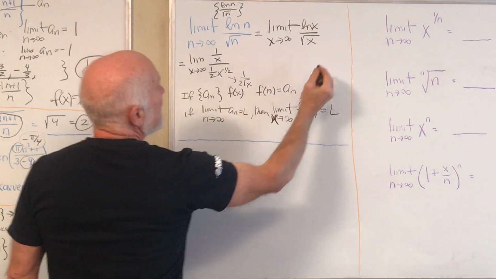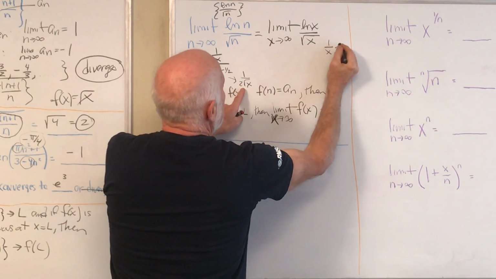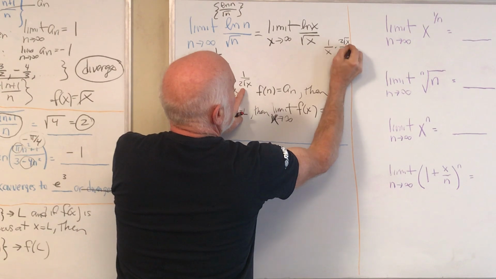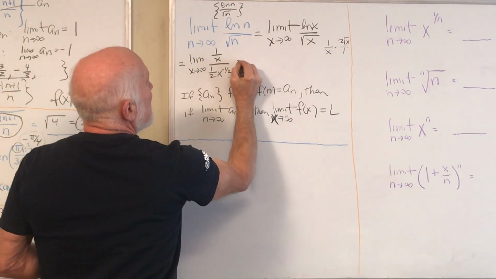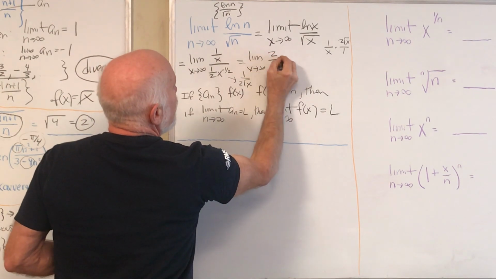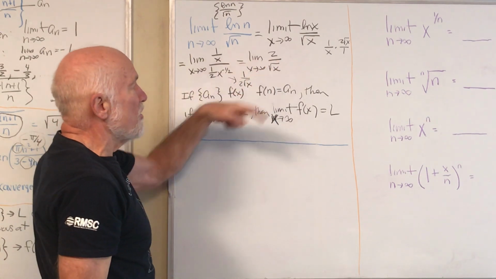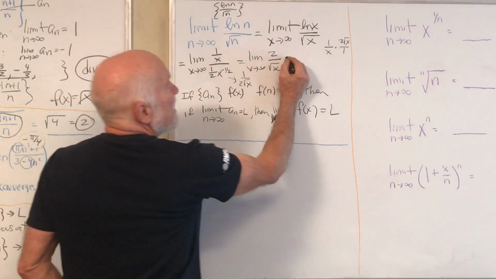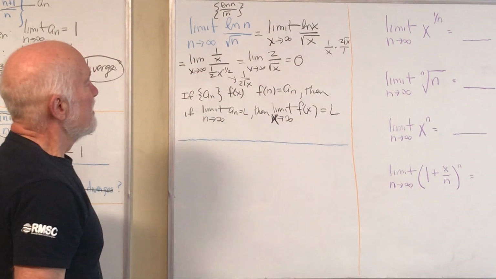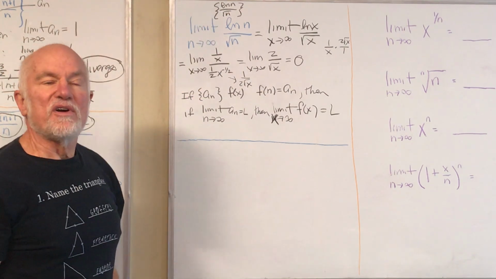So when we take 1 over x and divide it by this, we end up with the limit as x approaches infinity of 2 over root x. And as x approaches infinity, the denominator approaches infinity, so the whole fraction is going to approach 0. So I can go back and say the answer to that must be 0.